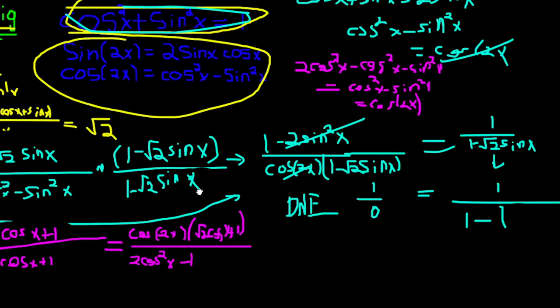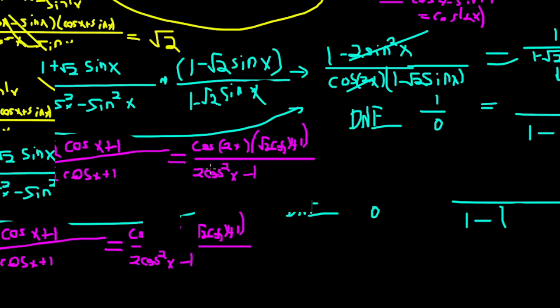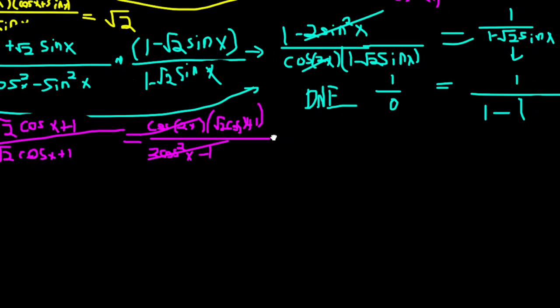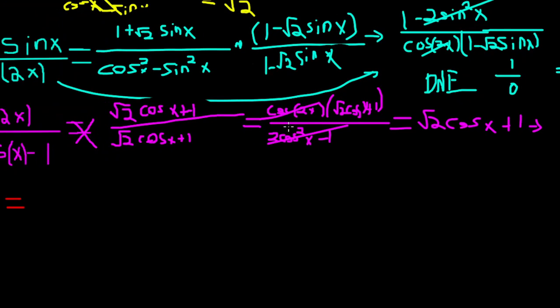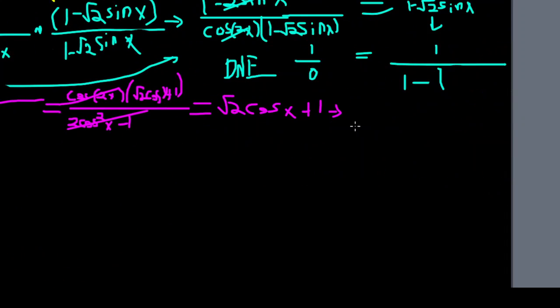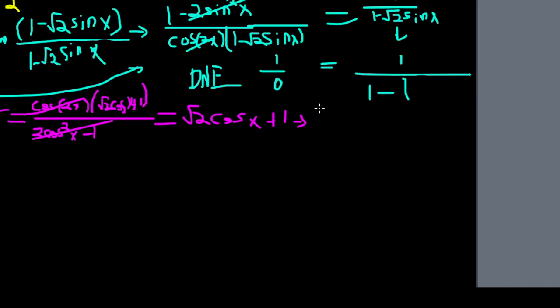So this denominator right here is actually the same as that factor right there. So they cancel out, and we're left with this expression, square root of 2 cosine of x plus 1. Let's plug in our value of x is pi over 4, and we get 1 plus 1, not 1/2 plus 1. That is 2.